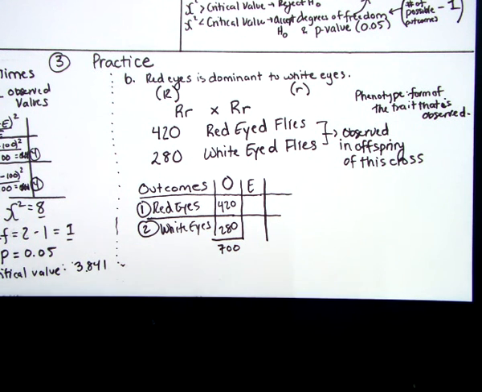All right, we ready? So, Cindy, what do you think? Divided by 2, so you would get 350. So that would be the expected for red eyes and expected for white eyes. Okay. So 350, what that would assume is that there is an equal chance of the fly getting red eyes or white eyes if they're an offspring of this cross.